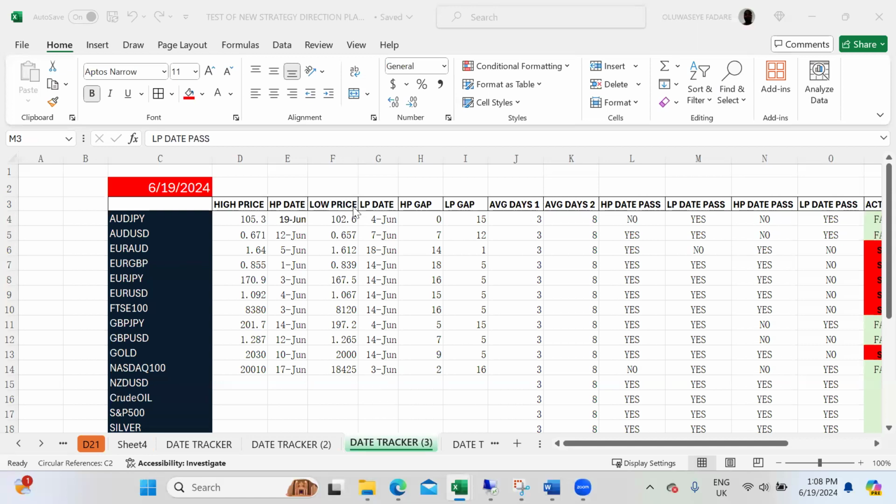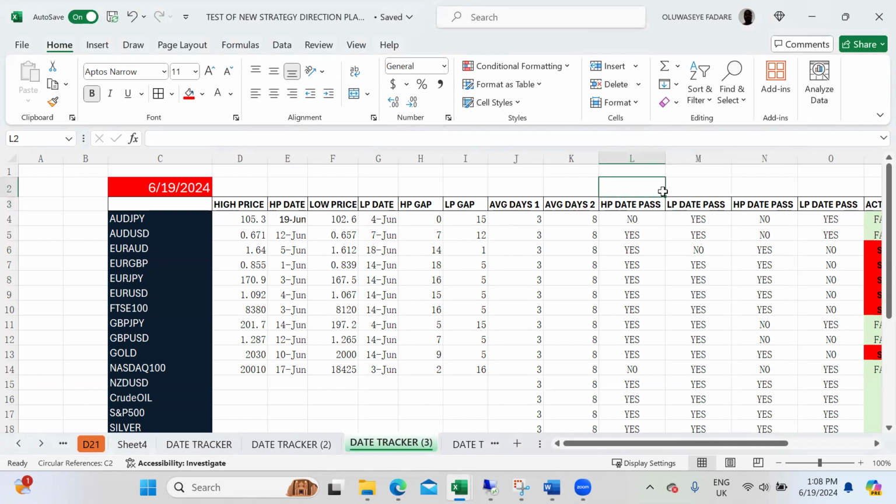So as we were discussing, sorry for the interlude. We have the low gap, the average days one, average days two, and then the high price date pass, low price date pass. This is used to check if the date has passed the average days one or the average days two. This is how it will measure.